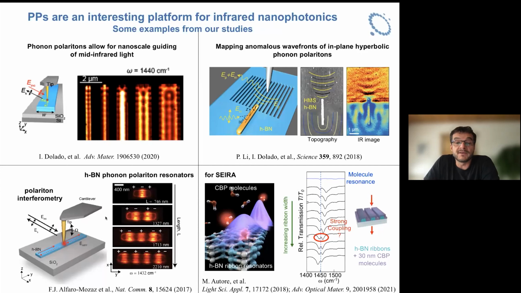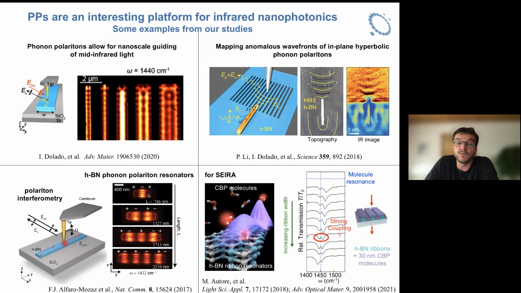But with the help of the tip, we can clearly excite this mode. Then if you make the waveguide longer, we get the next order mode and so on. So we see beautifully all these modes. And one could say in principle, these hBN truncated waveguides have the same function as a cavity, just instead of infrared photons, we have infrared phonon polaritons.